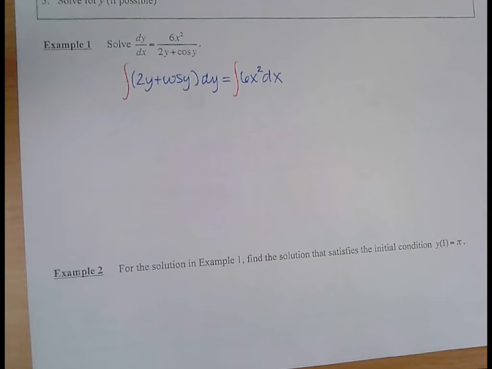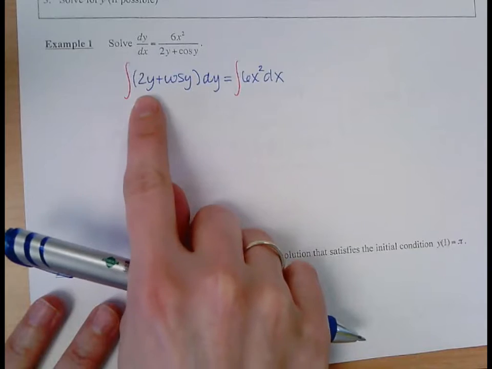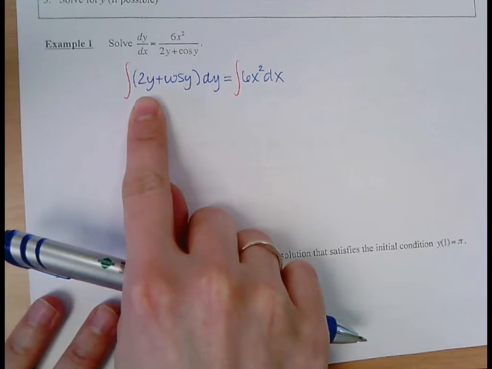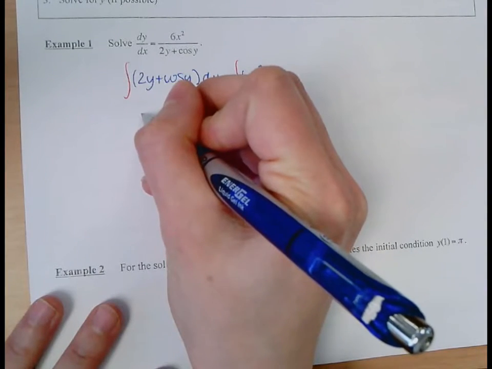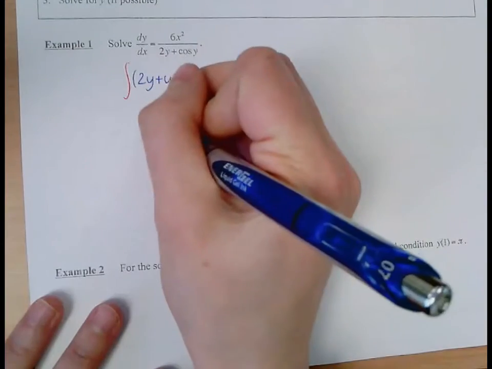Now with integration, you have to remember antiderivatives, or you may need to use substitution. So for the left side, antiderivative of 2y. Y squared.